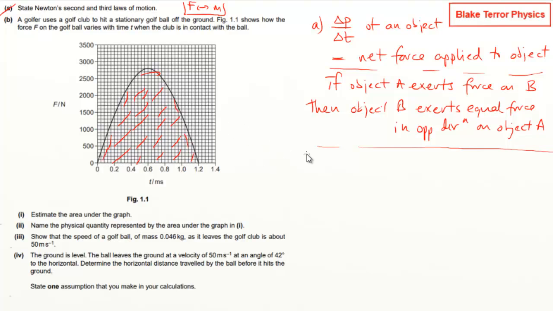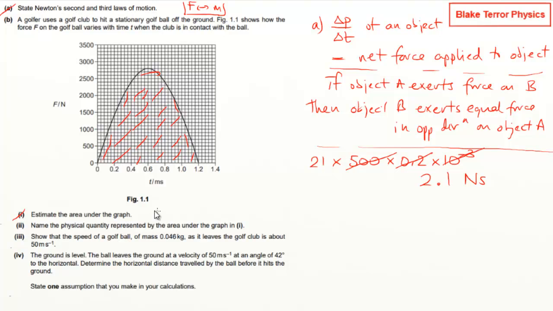I'm going to say there's 21 squares. You'll be able to do this more accurately if you have a bit of paper in front of you. We've got 21 squares, and each one of those squares is 500 newtons by 0.2 milliseconds. 500 times 0.2 is 100, so we can get rid of all of that and leave that as 0.1. So we've got 2.1 all in all, Newton seconds.